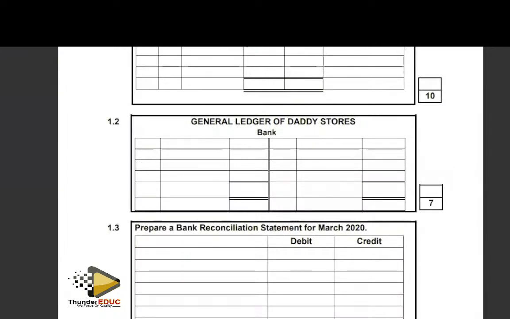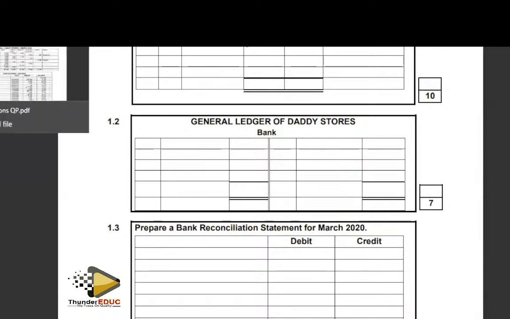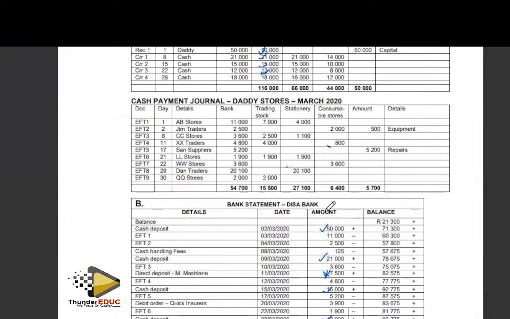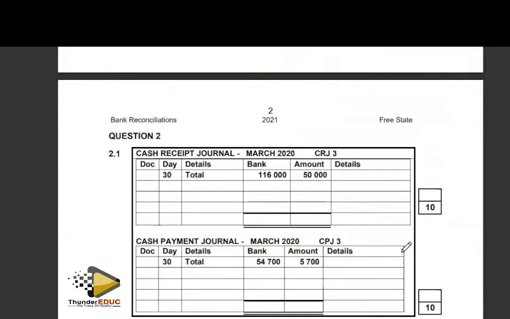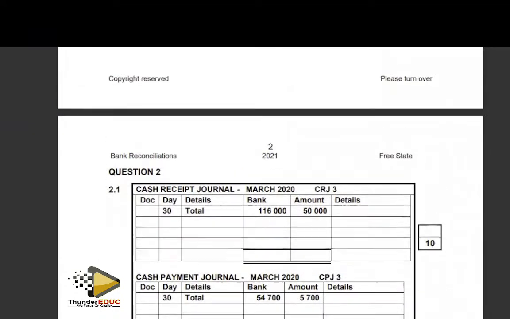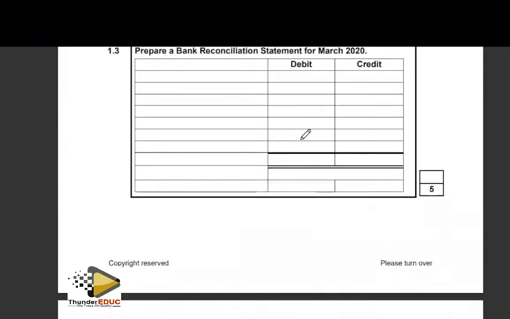Then anything which we have on our cash receipts journal but is not on the statement, we have to enter in the banker reconciliation statement here. Where is it? No, there is our banker reconciliation statement. Sorry, here.